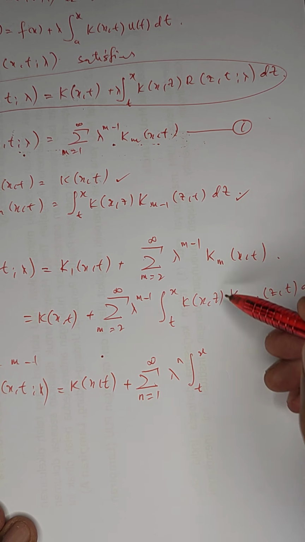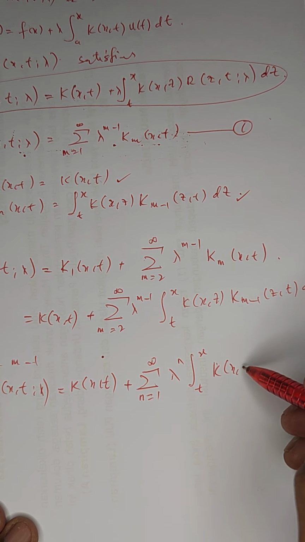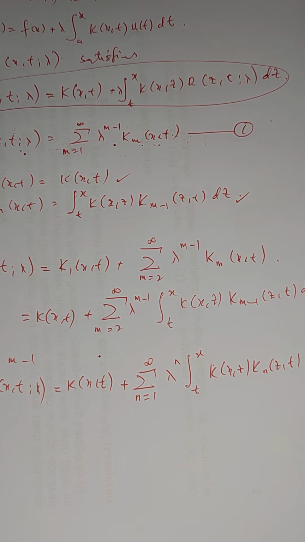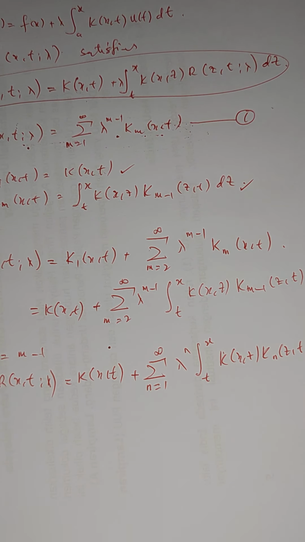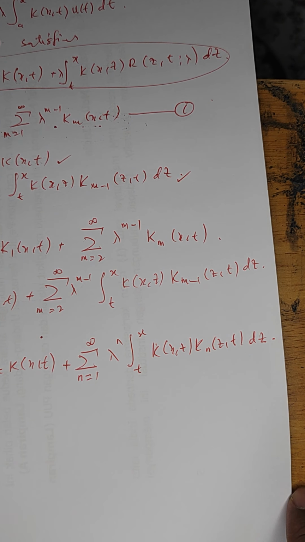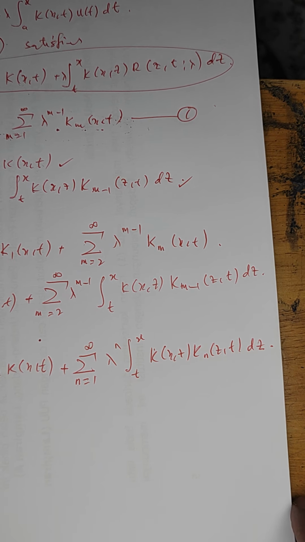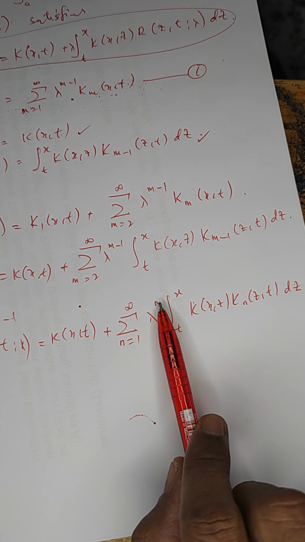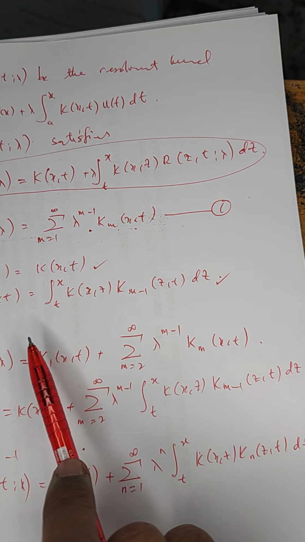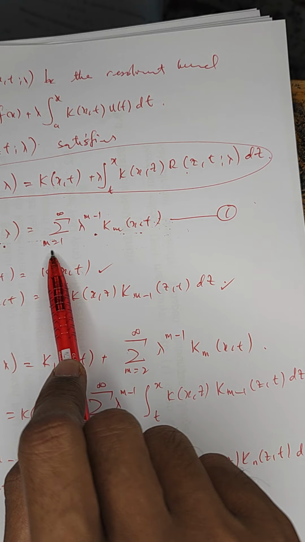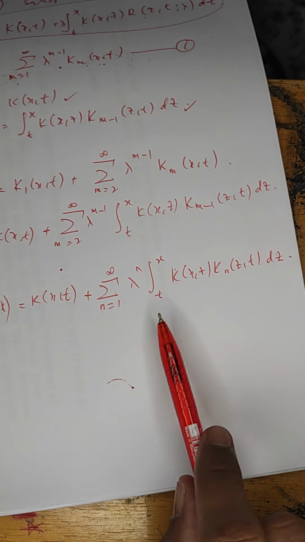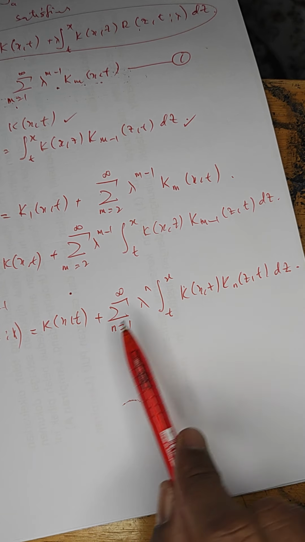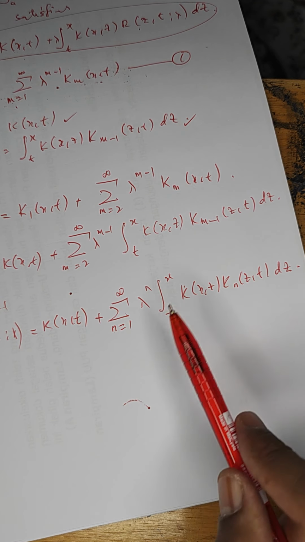plus the sum from n equals 1 to infinity of lambda^n times the integral from t to x of K(x,z) K_n(z,t) dz. Of course, here this is m; we want to make it, where is it here, our R is defined as this R_m.